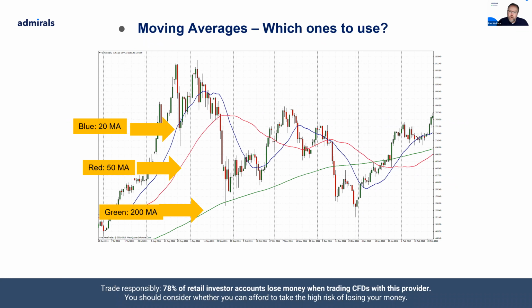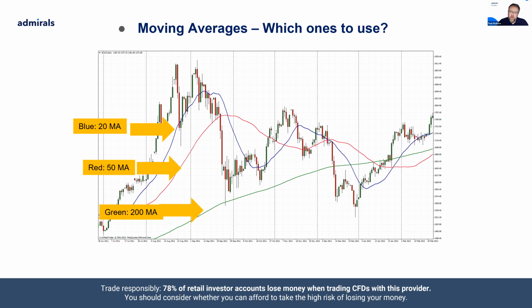So what you'll find is people asking, well, which moving averages should I use? Which kind of period moving average should I use? For those of you who have followed me for a while here on the Admirals Trading Spotlight webinars, you'll know that I use very simple, standard moving averages.